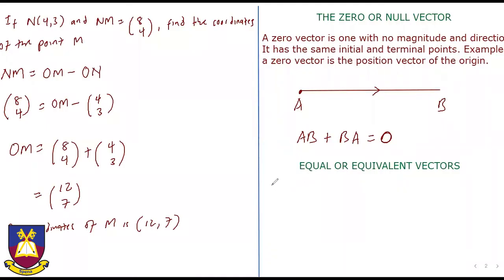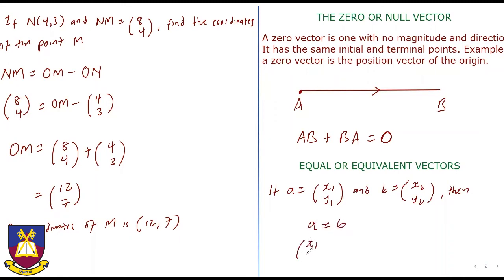Now, if A is equal to (x1, y1) and B is equal to (x2, y2), then for these two to be equal, for A to be equal to B, it would mean that (x1, y1) is equal to (x2, y2).